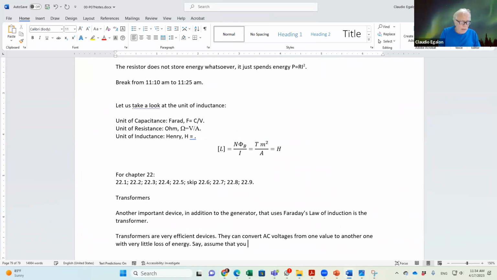Say you have 1,000 volts AC in a circuit.